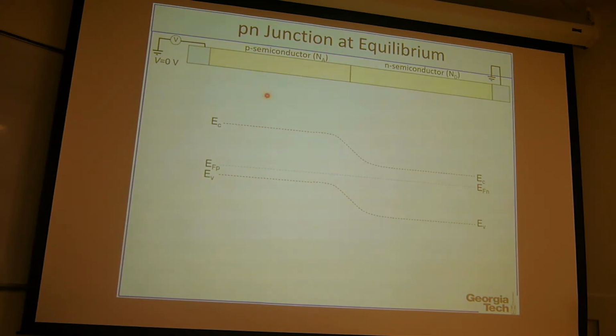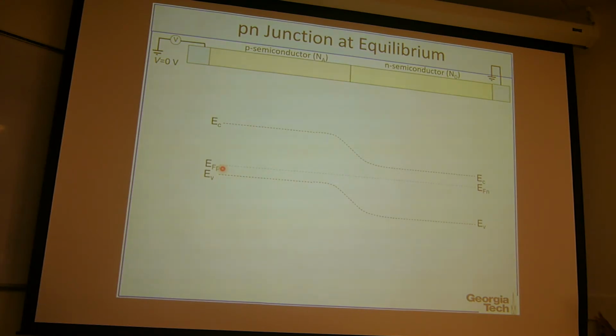We apply negative voltage to the P side. Then what will happen to this band? Yeah, so the Fermi level here will split. And you use that conclusion: positive voltage pushes down the band, that means negative voltage pulls up the band.